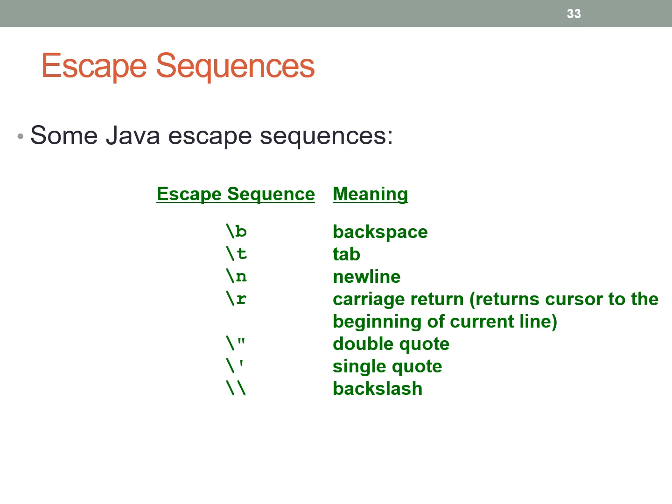Some of the Java escape sequences are \b, which is backspace, \t for tab, \n for new line, \r carriage return, where it returns the cursor to the beginning of the current line, \" for double quote, \' for single quote, and \\ to display one backslash.